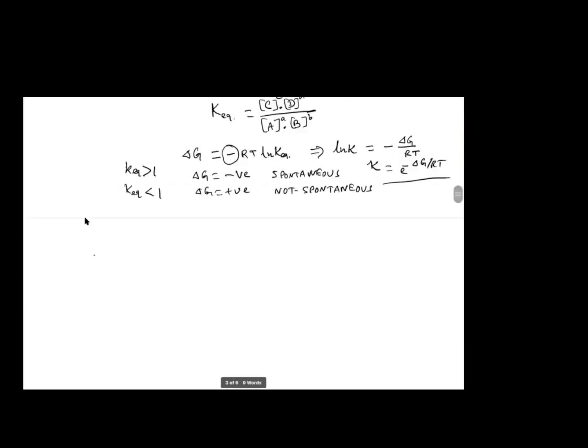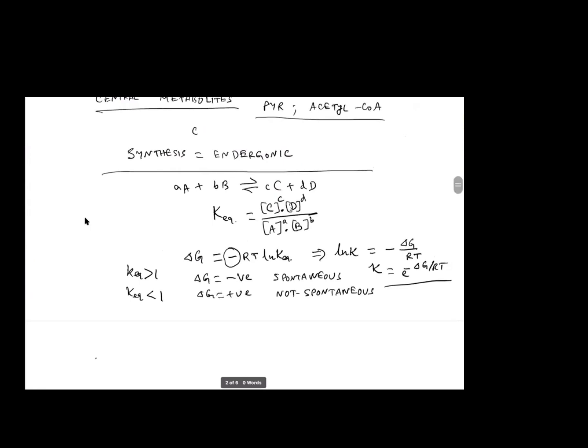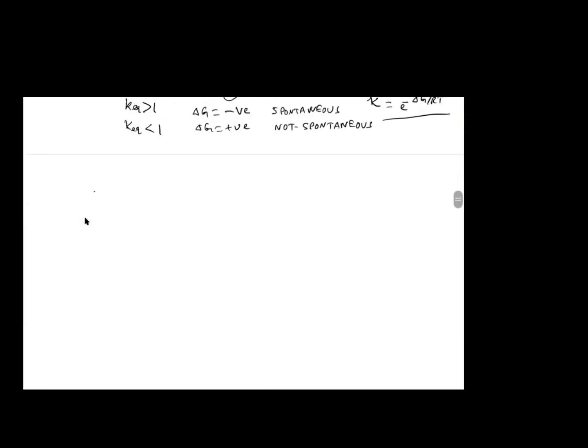All right. So now going back to the hydrolysis reactions. Hydrolysis reactions are always exergonic.